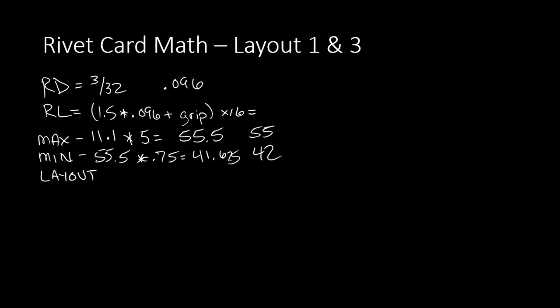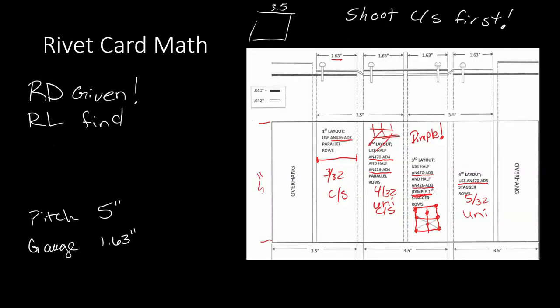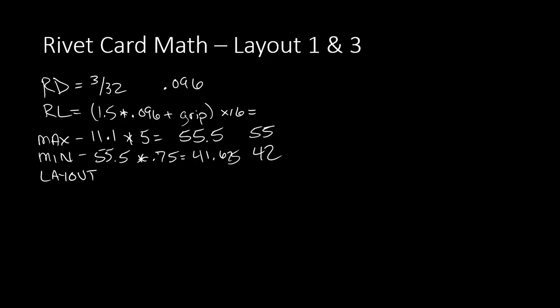Now because my gauge distance, let's go look at that layout again. My gauge distance is really small. So I want a large number going across and a smaller number going down. So I could do, let's see, I like 4x11, which gives me 44 rivets.